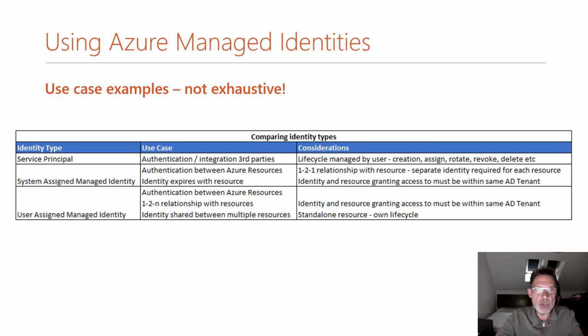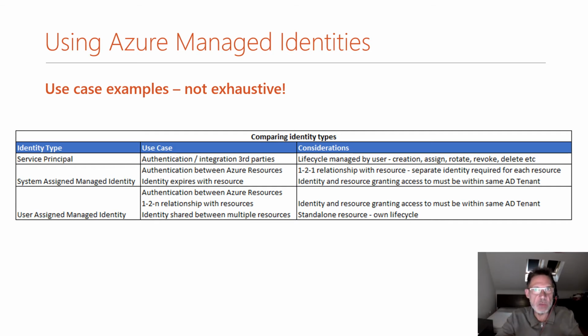If we look at this table here and do a comparison between them, starting with service principals, the use case there is authentication and integration of third parties, as I just said. This isn't an exhaustive list, but as far as authenticating and authorizing third-party applications and services to access your resources in Azure, that's when you might create a service principal.